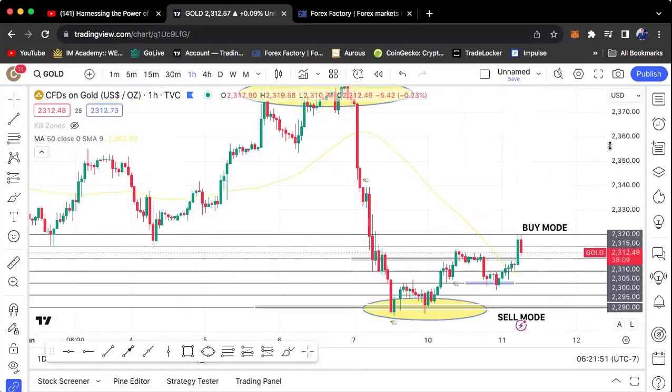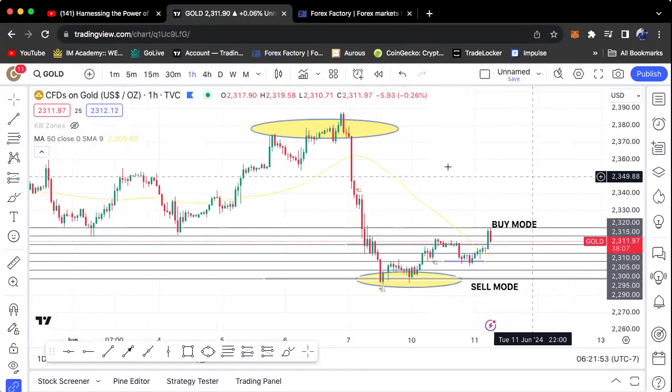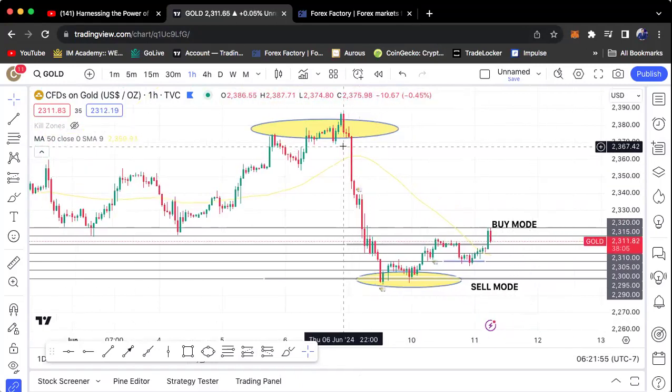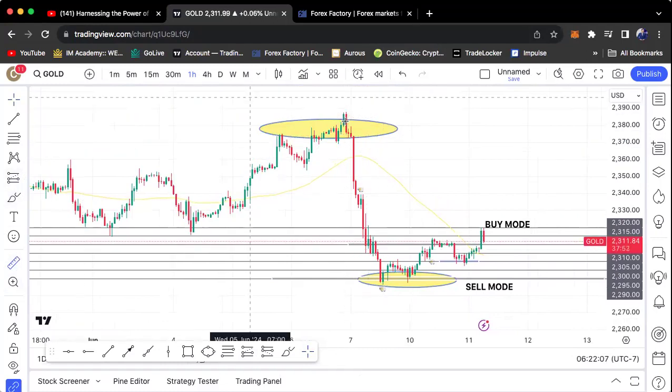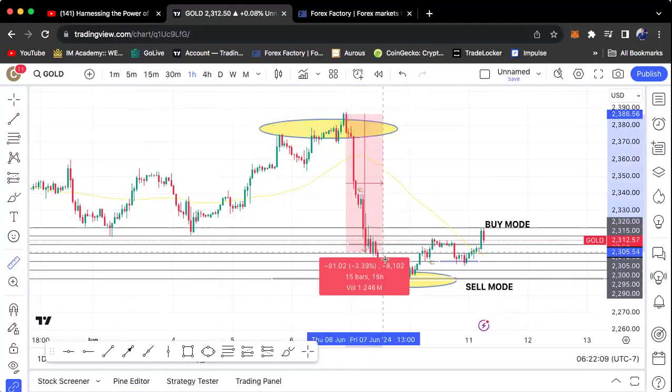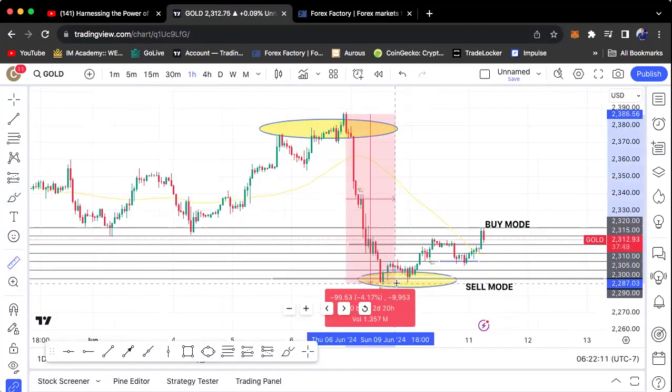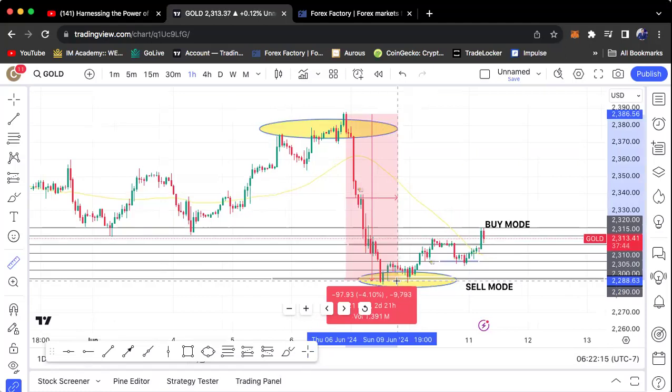But yeah, so last week we experienced a bearish run. Okay, right after unemployment claims. Okay, we have Thursday, we had a huge drop. Okay, this is what happened Thursday last week. We had this huge drop, over 1,000 pips.